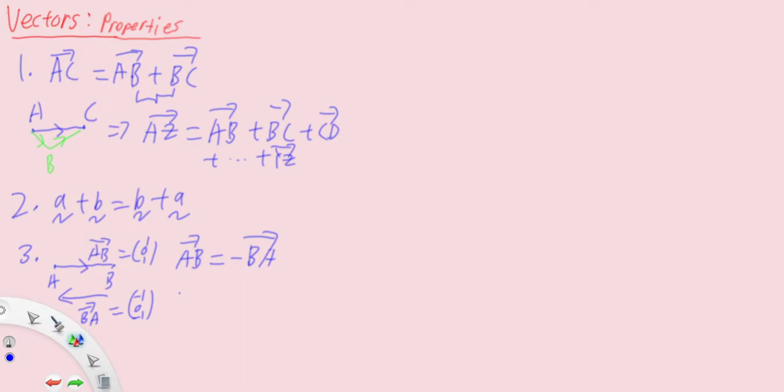So the fourth property, which is quite an important identity to understand, is that vector AB, for any 2 points, equals a common point to the second point minus the same common point to the first point.